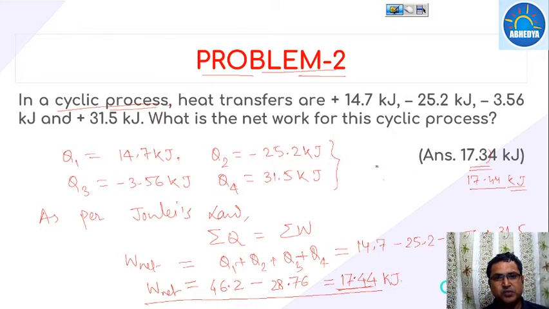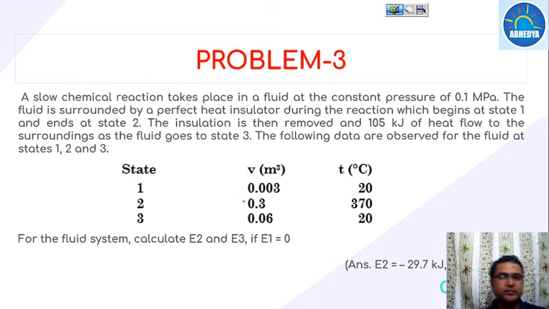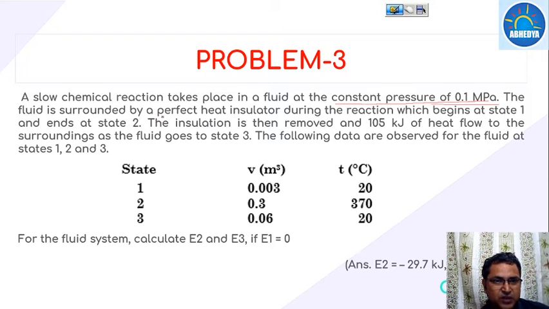Now come to the next problem. A slow chemical reaction takes place in a fluid at a constant pressure of 0.1 megapascal. The fluid is surrounded by a perfect heat insulator during the reaction, which begins at state 1 and ends at state 2.